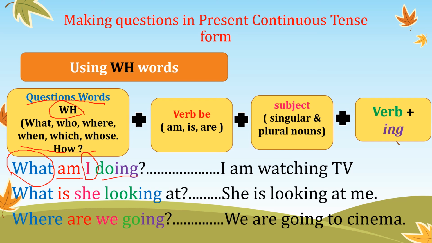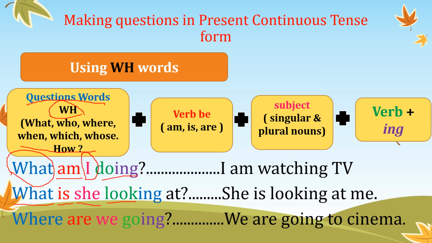So it's very general. And then the second one, we start with WH words, what, and then verb be, is, and then the subject singular, she, verb ing, looking at. What is she looking at? The answer, she is looking at me.